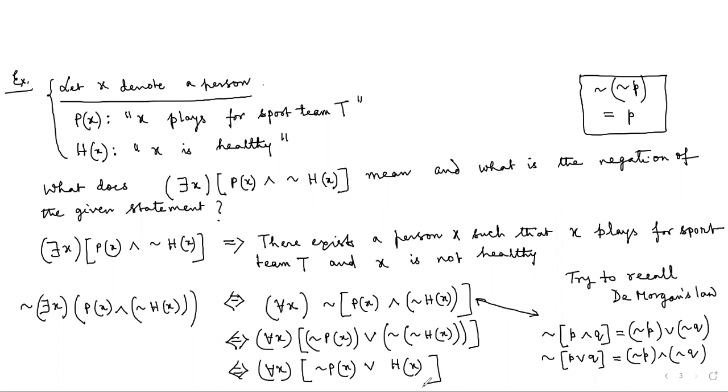So what do we get? If you have two statements P and Q, then negation of P or Q, the truth table of this is equivalent to P implies Q. So from here, this is equivalent to for all x, Px implies Hx.